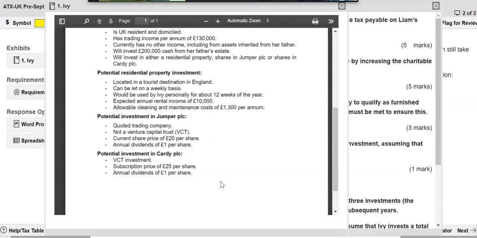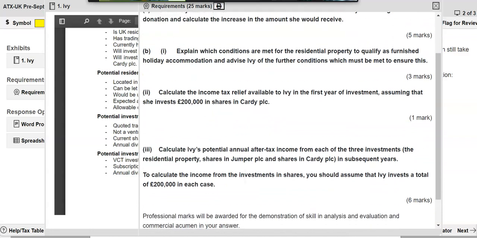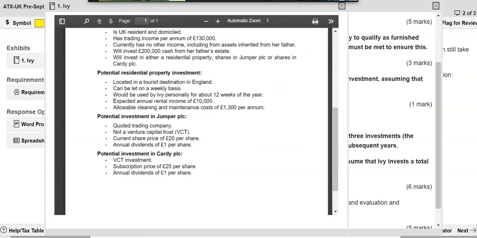Okay. Moving on, part B3. Here it said to calculate Evie's potential annual after-tax income from each of the 3 investments: the residential property, the investment in Jumper, and in shares in Cardi PLC in subsequent years. To calculate the income from investment, you should assume that the total has been invested. Okay. So if we invest in the residential investment property, it is located in the tourist.